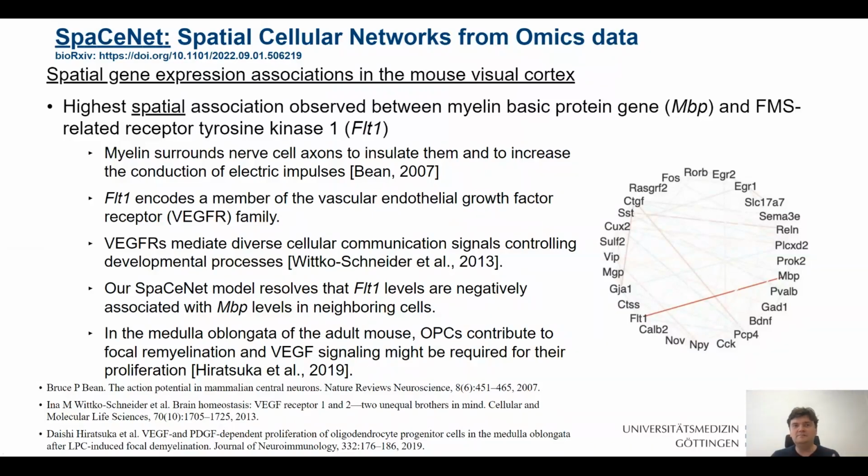One thing, of course, is that SpaceNet just generates hypotheses or indicates mechanisms. At least it's nice to observe this very strong negative association, because it could be some mechanism like there are, for instance, axons which lack MBP, and then OPCs, which are the remyelinating cells, group around these axons to remyelinate them.